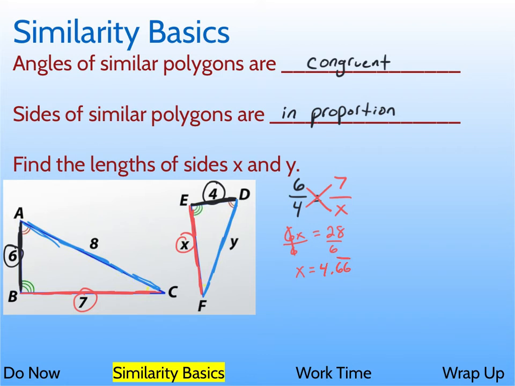To solve for y, we're going to do basically the exact same thing. We're going to start with our known proportion here, 6 over 4. If you wanted to, you could use 7 over 4.66666, but that's kind of annoying because of all the decimals. I'm just going to keep it with 6 and 4 because that's pretty clean and easy.